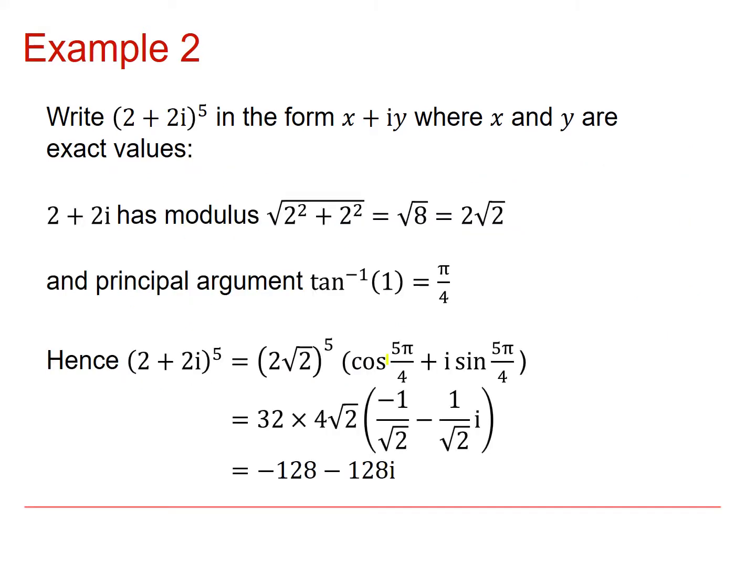Again, there's that working tidied up for you. So here's where we've established the modulus of the complex number and the argument for it, and then working that through, powering the modulus by 5 and multiplying the argument by 5, I end up with this result here.